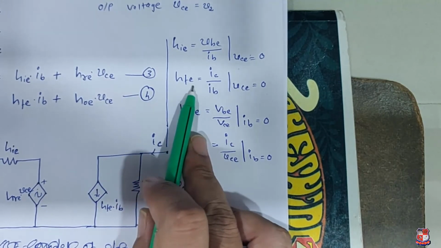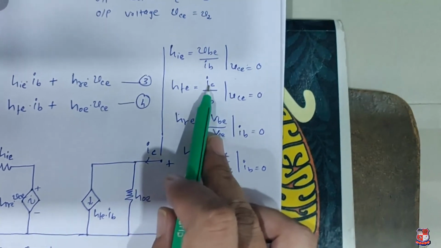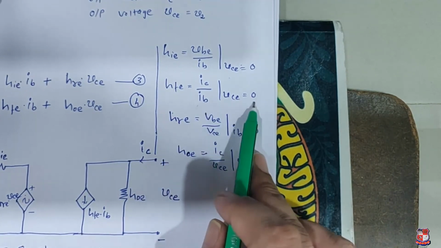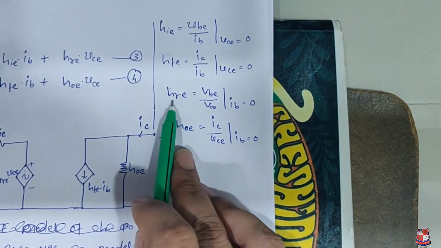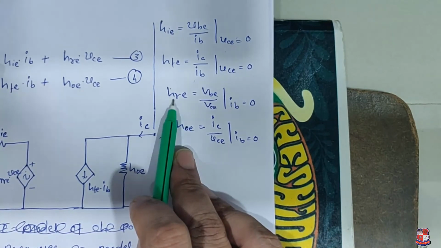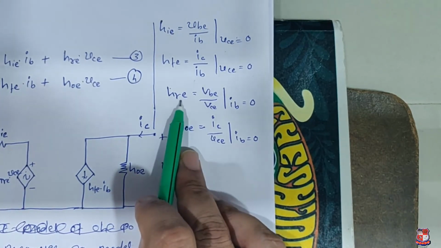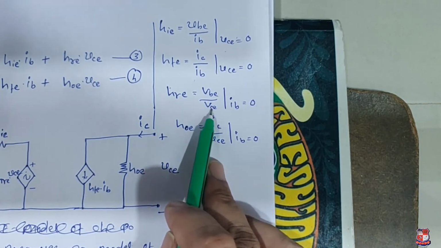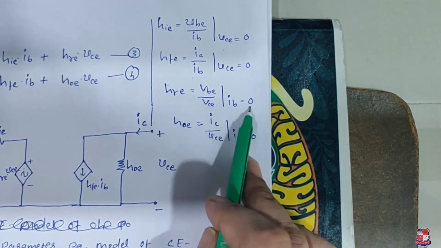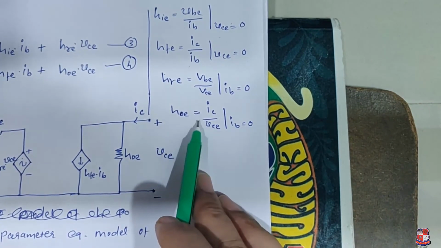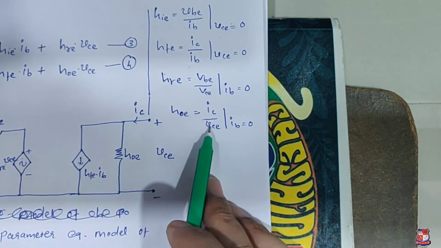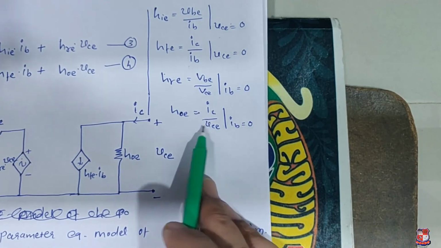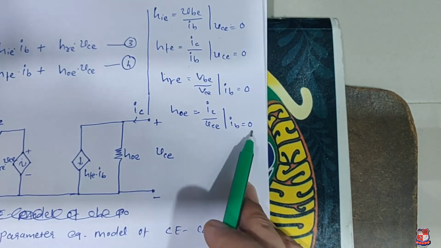This is forward current gain, HFE. Equation is IC upon IB, okay, at VCE equals to 0. Now this is a reverse voltage gain, HRE, for common emitter configuration, which is nothing but VBE upon VCE at IB equals to 0, and HOE, which is IC upon VCE, output admittance at IB equals to 0.